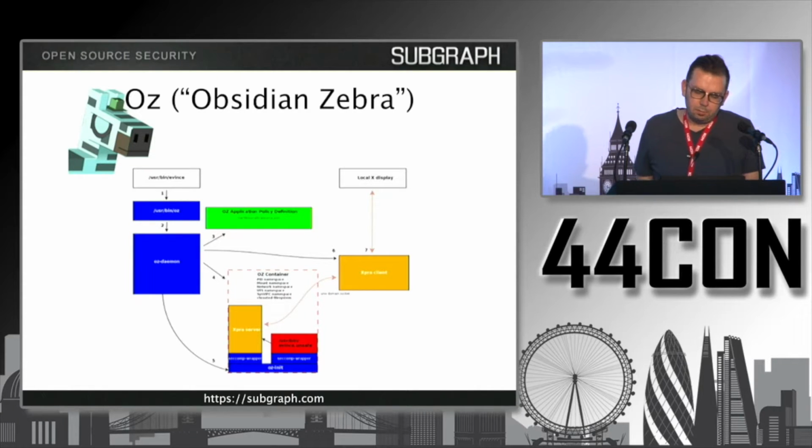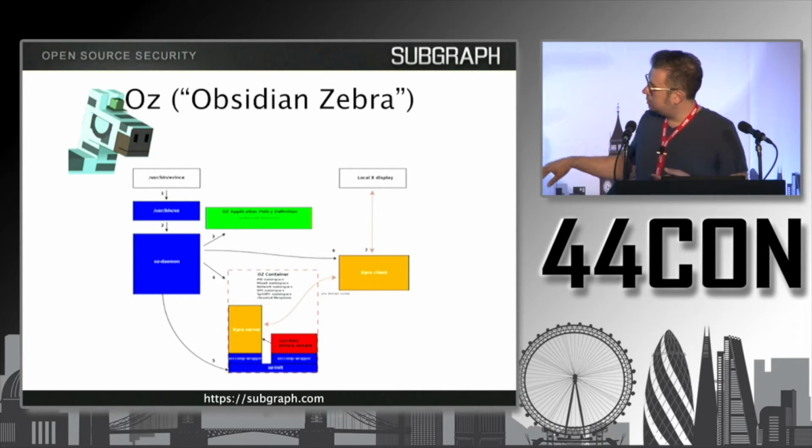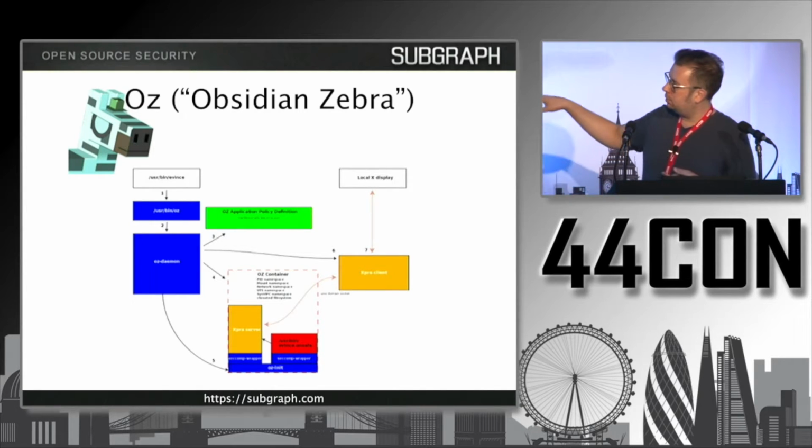Basically, we replace the binary on the file system, or we redirect the path. There's a client called Oz, and when you run your program like evince, which is a PDF viewer, you're actually running Oz, the client, which reaches out to a daemon that looks up the Oz profile, and then it spins up an init process in a new PID namespace, in a new network namespace, and then it runs the application with parameters that are defined in the profile.